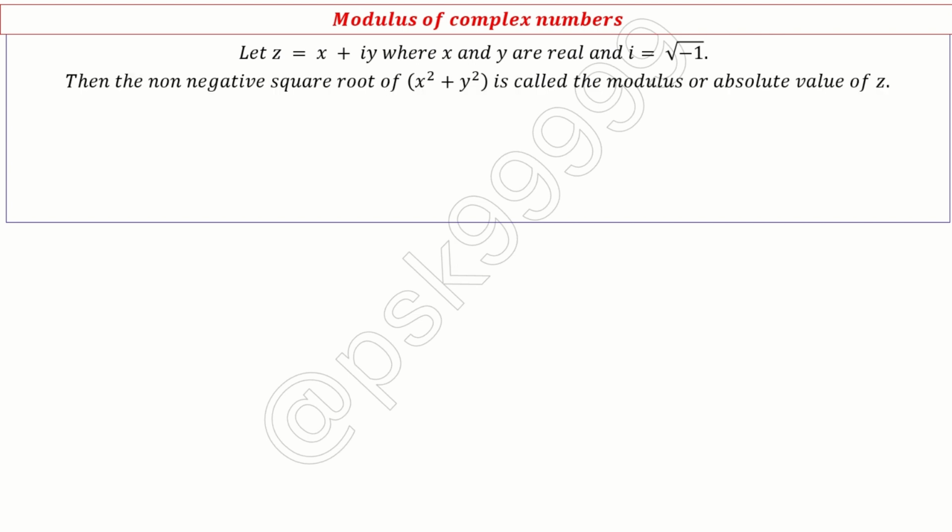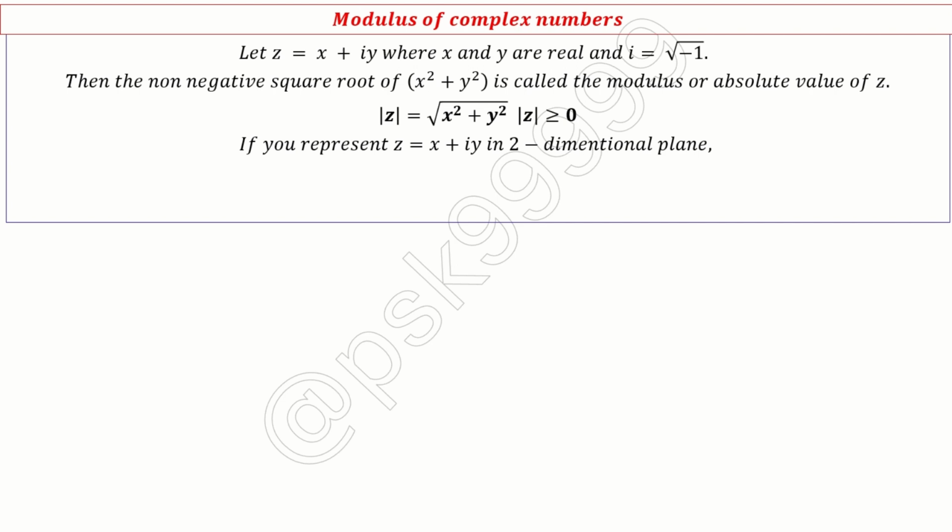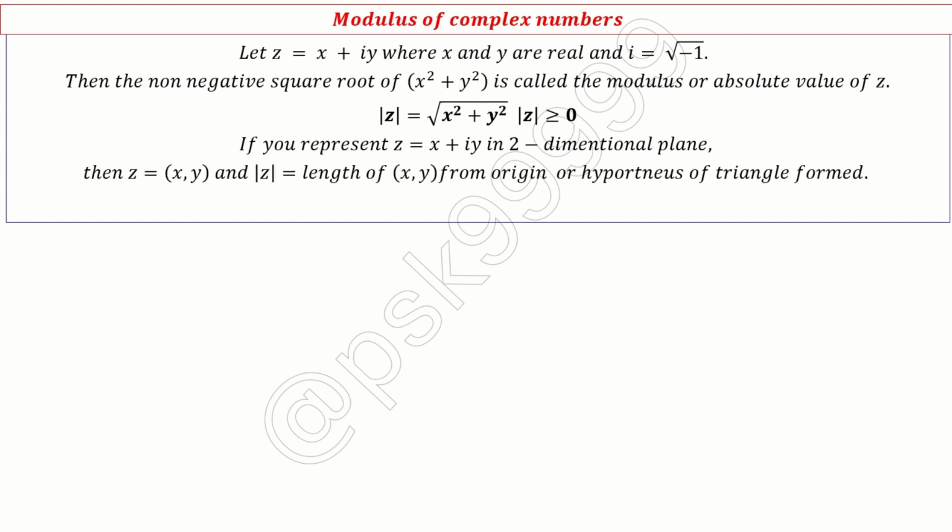So modulus of z is the non-negative square root of x square plus y square. You can represent it like this: absolute value of z is square root of x square plus y square. Absolute value of z is always greater than or equal to 0. Don't take the minus value of square root of x square plus y square. That's not correct.